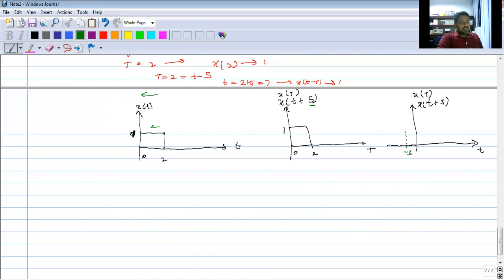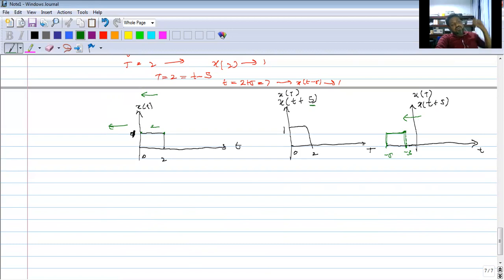And if this 0 point moves by 5 this way, you will get the minus 5 point. So you will get the shifted signal like this. This is the shifted pulse. You can see that the signal is shifted by 5 to this way at t+5.